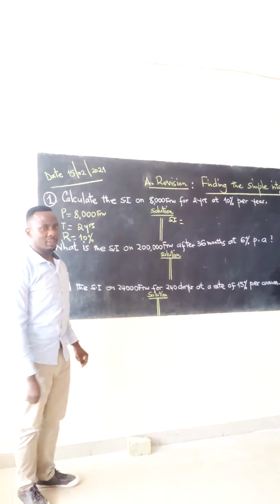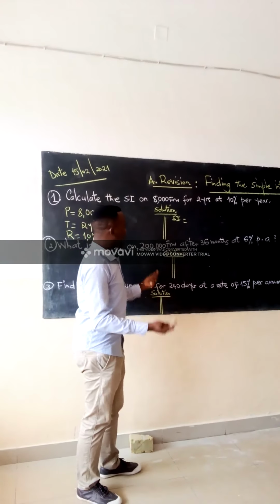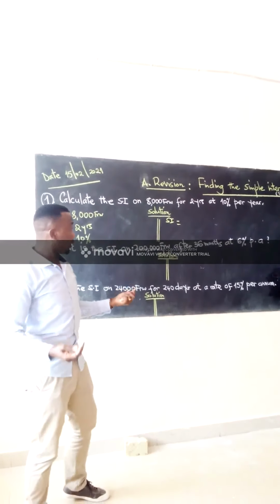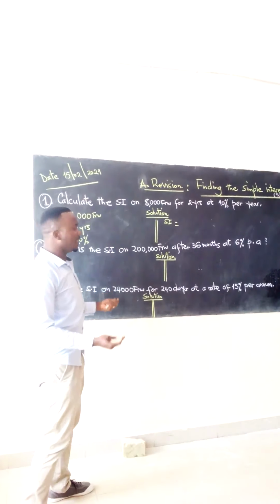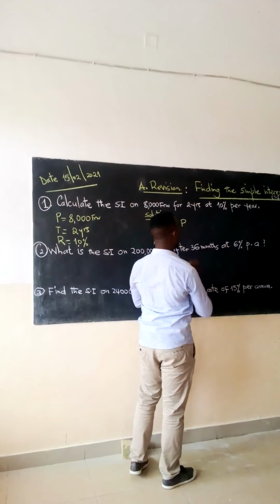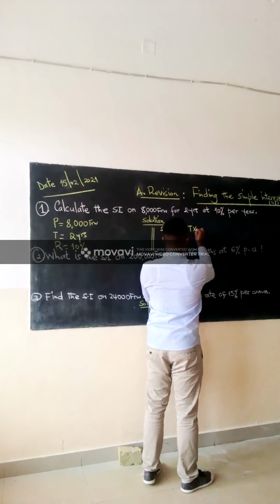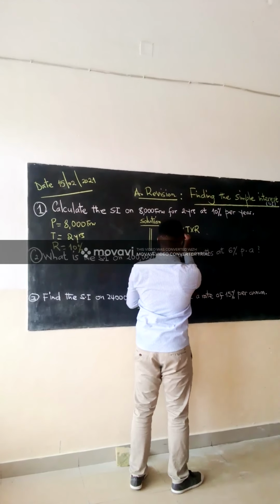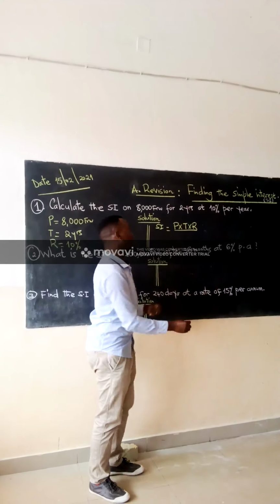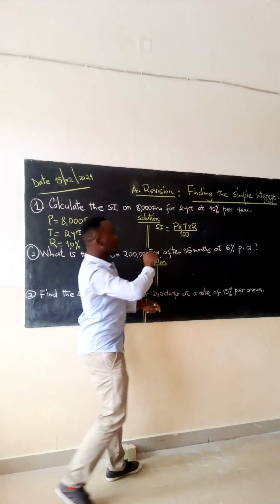My dear friends, in the formula, we know that the interest depends on the principal, the time, and the rate, but the rate is a percentage. That's why we divide by 100.